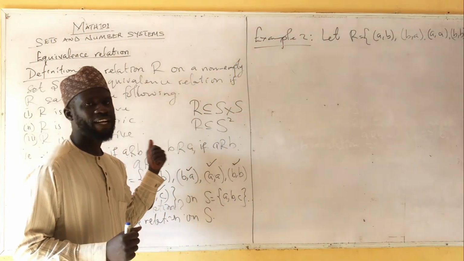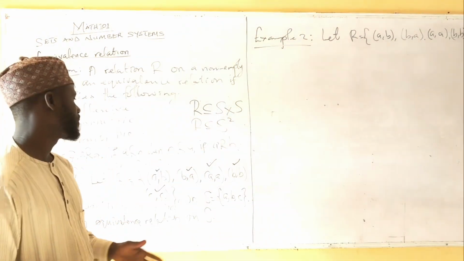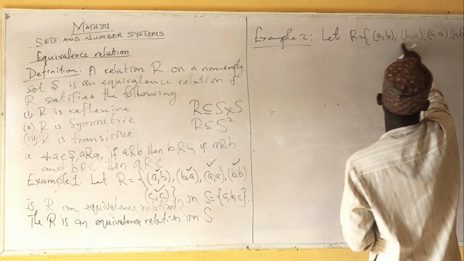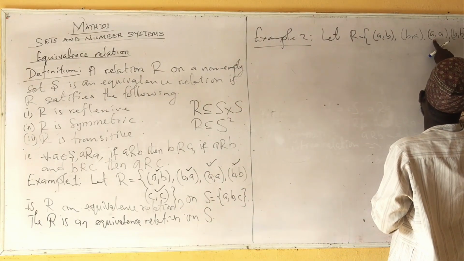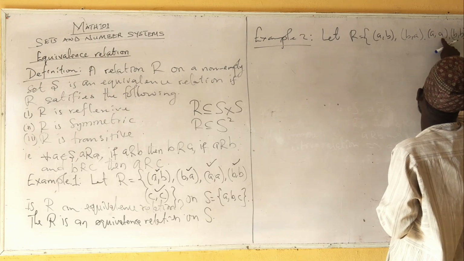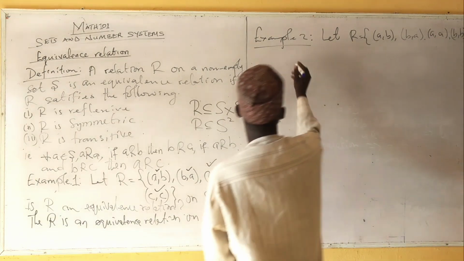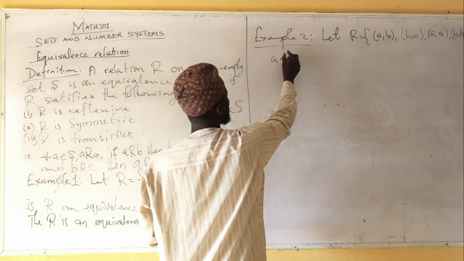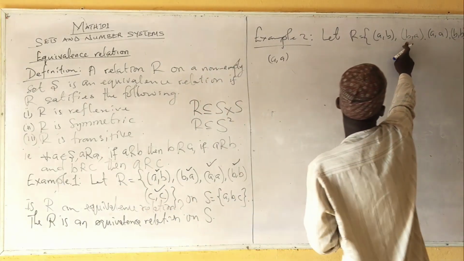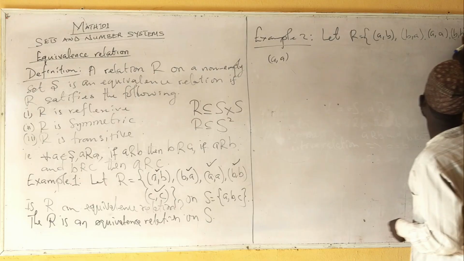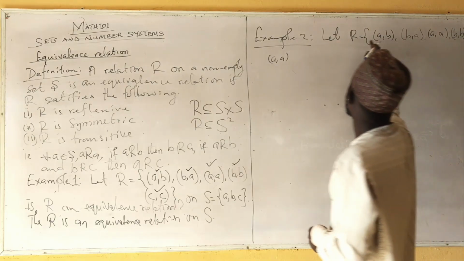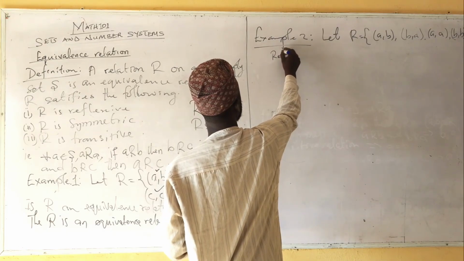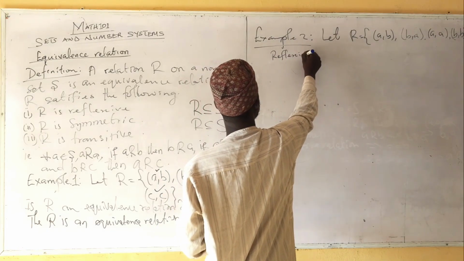And that is the reflexive property. So you look at A has appeared. So whenever A appears, A must relate to itself in that relation. And so you have A is related to A. B has appeared, so you have B is related to itself. And so you have seen reflexive.